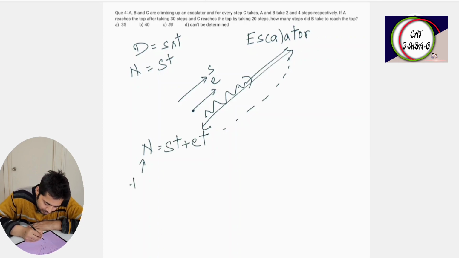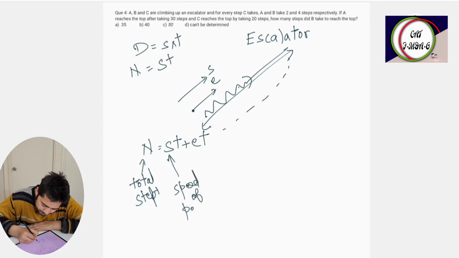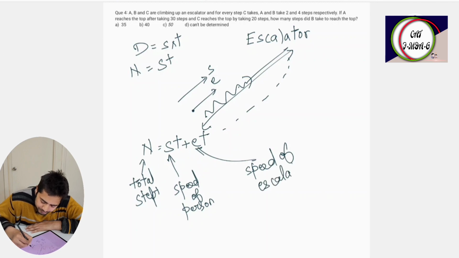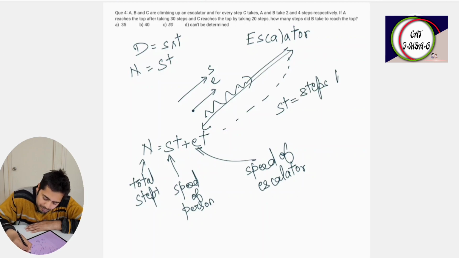N is total steps, s is speed of person, t is time, e is speed of escalator. st is equal to steps taken by the person, et is equal to steps moved by the escalator.